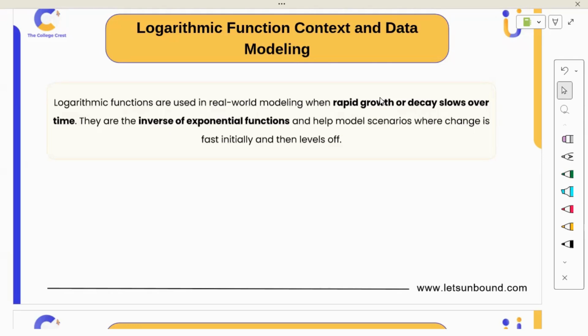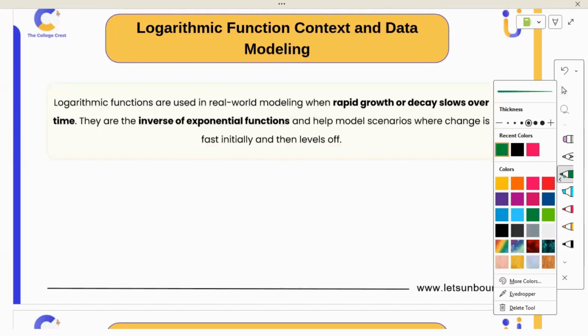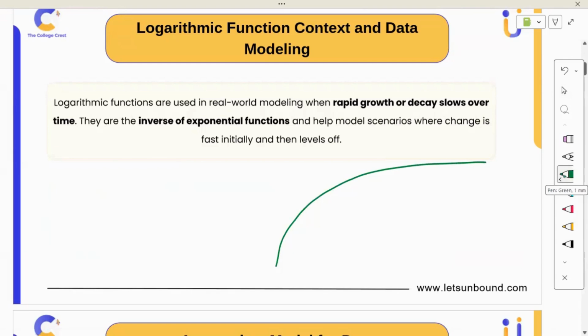And it helps model scenarios where change is fast initially and then levels off. This is clearly suggestive like this. So there was an increase and it clearly levels off after some time.